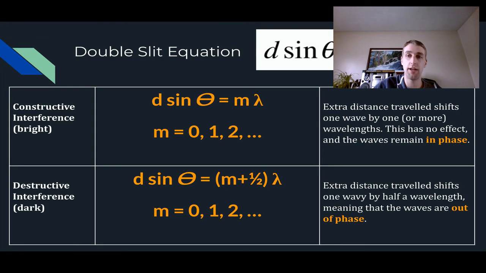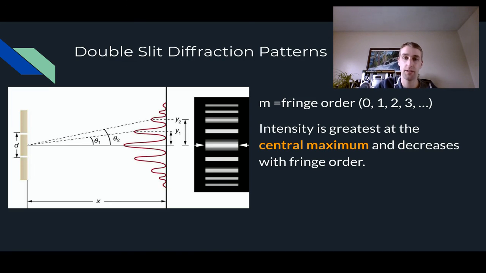If you change this equation so that instead of m lambda, you use m plus a half times lambda, with values of 0, 1, 2, etc., you get an extra distance equal to half lambda or 3/2 lambda or 5/2 lambda, which means the waves are shifted by half a wavelength. They arrive exactly out of phase and you see a dark spot.